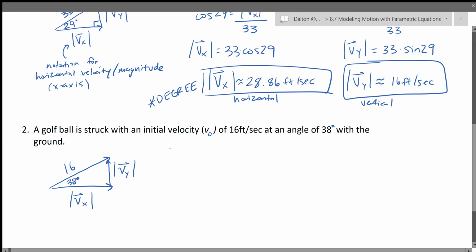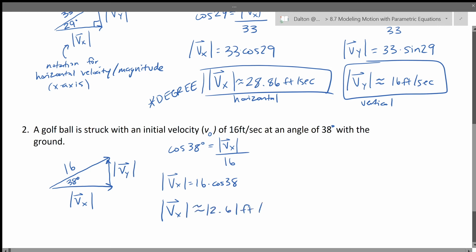So again, if I set up, okay, well, the cosine of 38 degrees is adjacent over hypotenuse. So it's going to be the horizontal velocity over the hypotenuse, which is 16, meaning we can solve for that horizontal velocity by doing 16 times the cosine of 38. Which rounded to the nearest hundredth will be approximately 12.61 feet per second.